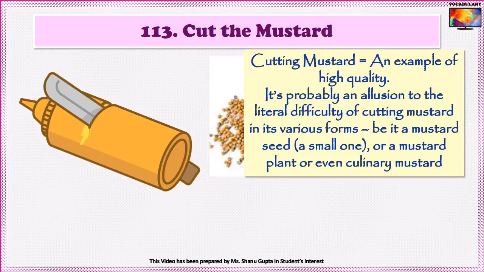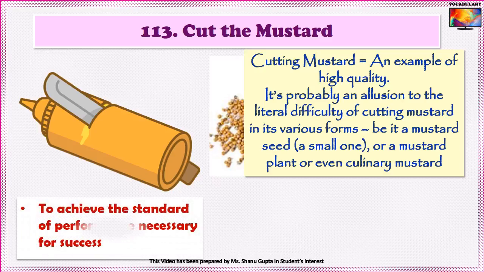It is probably an allusion to the literal difficulty of cutting mustard in its various forms, be it a mustard seed, a small one, or a mustard plant, or even culinary mustard. So remember, to cut the mustard means to be successful in achieving the desired result.